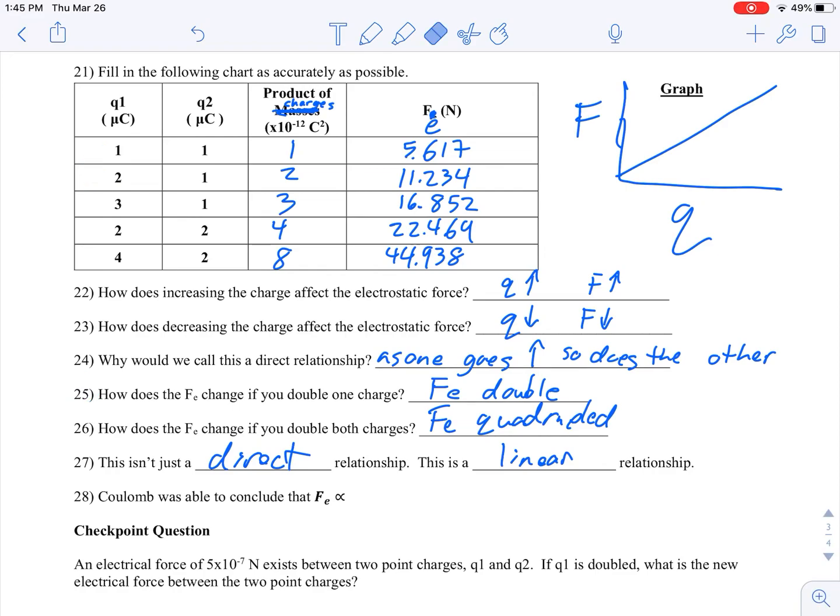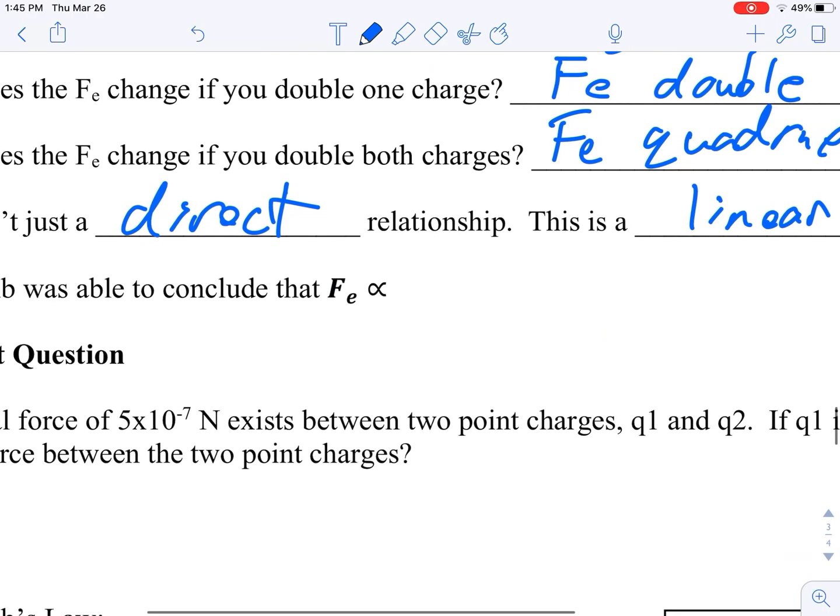If you look at the next one, number 26, when you doubled both charges, the product of the charges was quadrupled. So that's why the force was quadrupled. So it's actually proportional to the product of the two charges. So Coulomb concluded that the electrostatic force was proportional to Q1 times Q2.